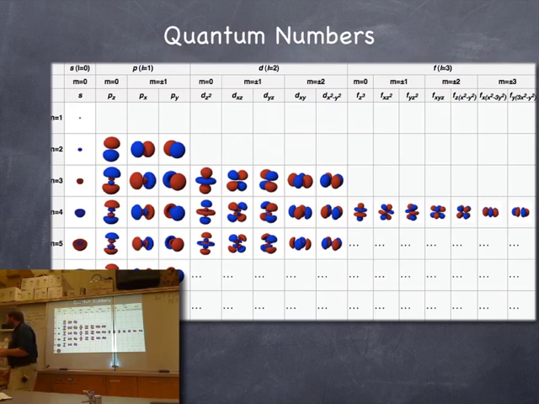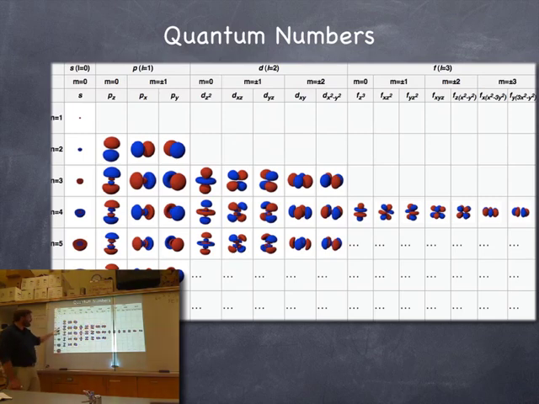Now, these numbers are mathematically related to each other in ways that are very simple. You can see in this chart, how come there's no P, D, or F for n equals 1? And how come n equals 2 doesn't have D or F?